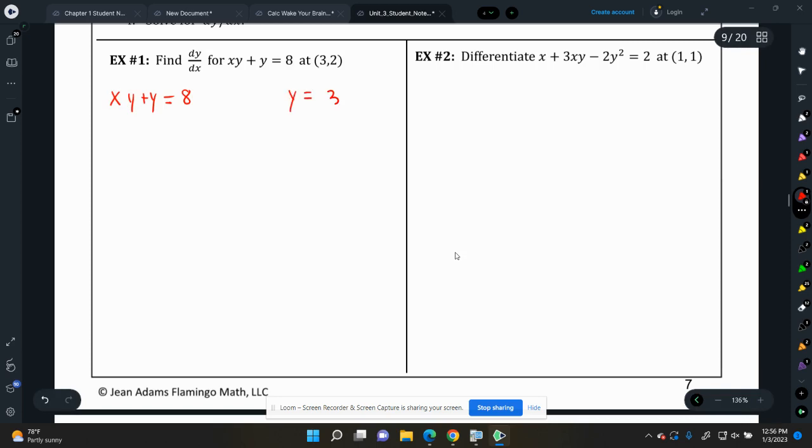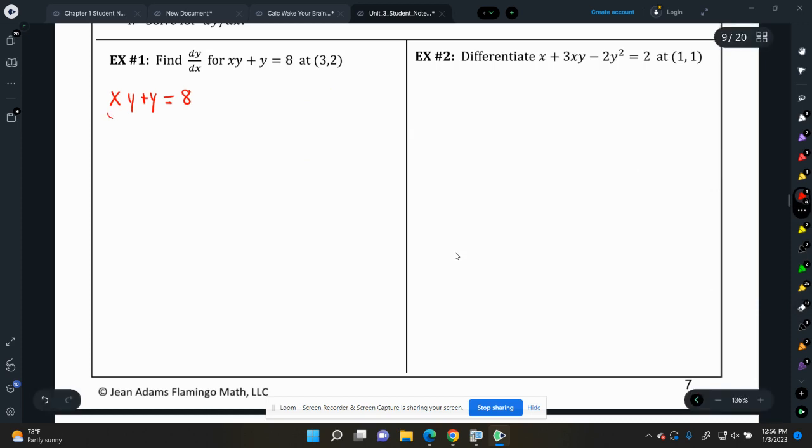Typically we would have the y by itself, and then you take the derivative. In this case, though, the y is not by itself, and it's kind of a pain in the neck to move it and put it by itself. So we're just going to take the derivative right where it is right now.